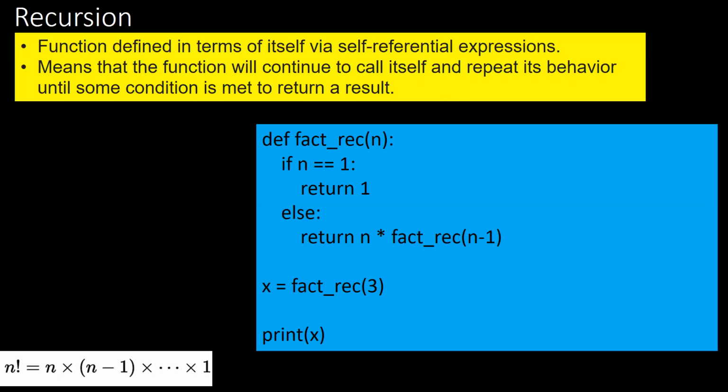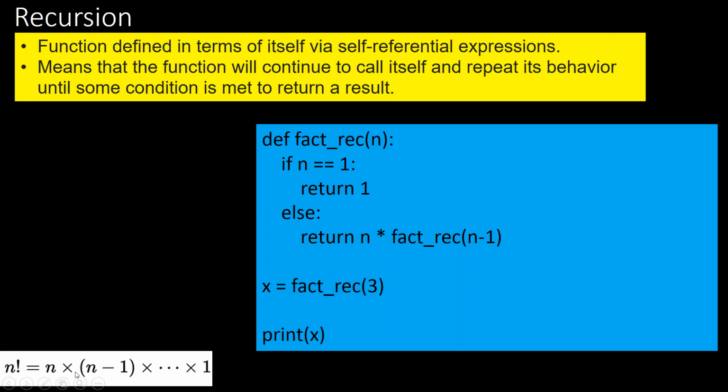So guys, I think you are all familiar with factorial. This is the formula for factorial. For example, if you want to get the factorial of 3, then 3 multiplied by (3 minus 1), multiplied by (3 minus 2), and so on and so forth, until it reaches 1.